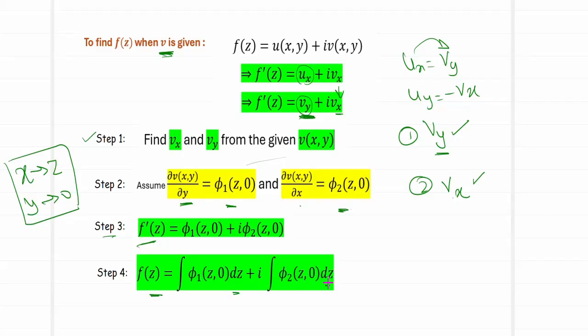So this is how you construct the analytic function f of z, either if you have been given with the real part u or with the imaginary part v. So having now followed up with the steps, we will try to apply it to a problem and see. Problem number 1.